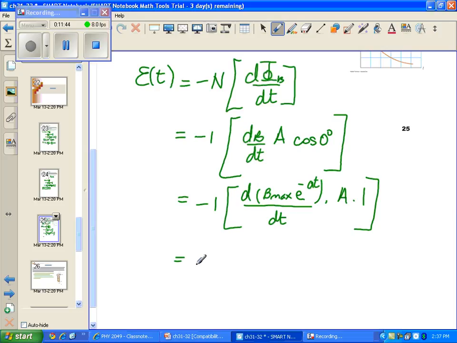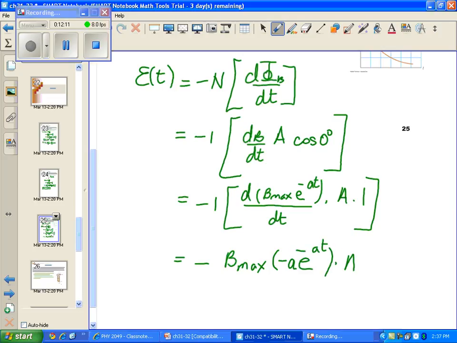So we've got a minus. B max is constant, so that comes out of the derivative. So let's write it here, B max. The derivative of e to the power minus at is going to be minus a times e to the minus at.